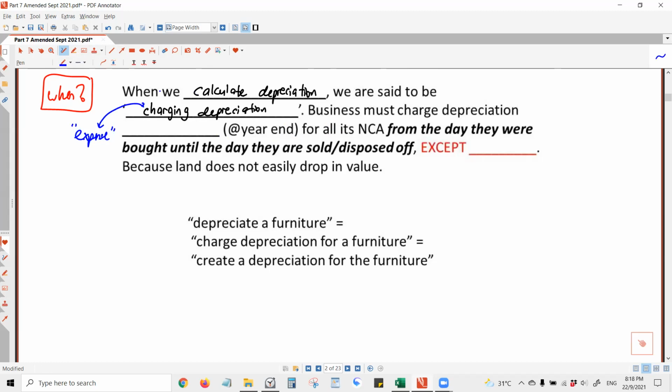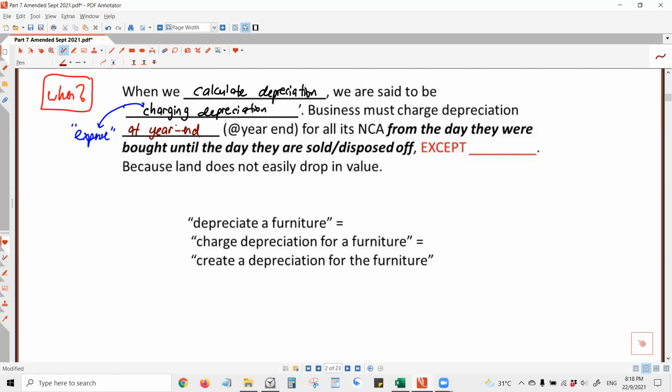Business must charge depreciation. Now here it talks about when you should charge depreciation. At the year end, you know what that is, right? You can see the question, then you know the year end immediately. In the previous topic, we talked a lot about year end. Year end means the closing balance.